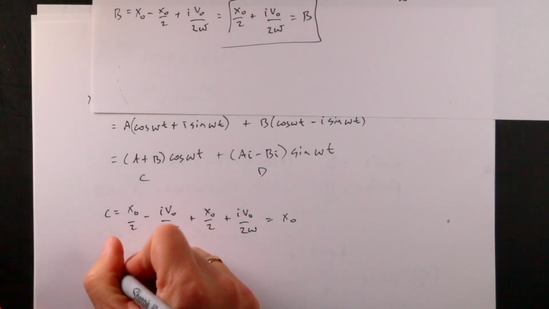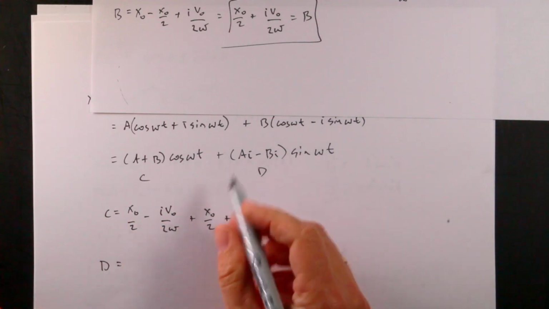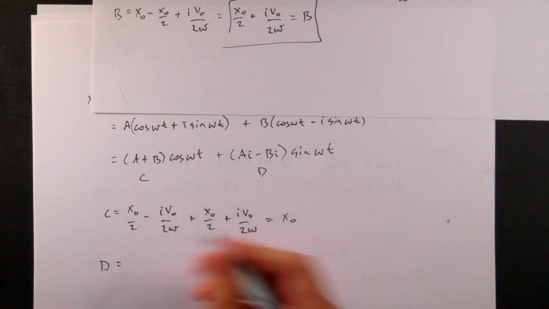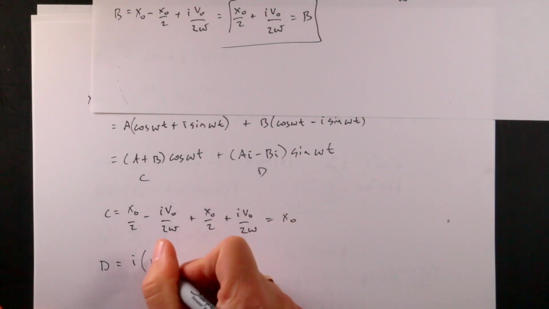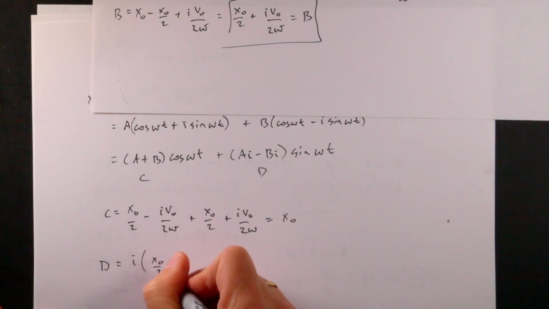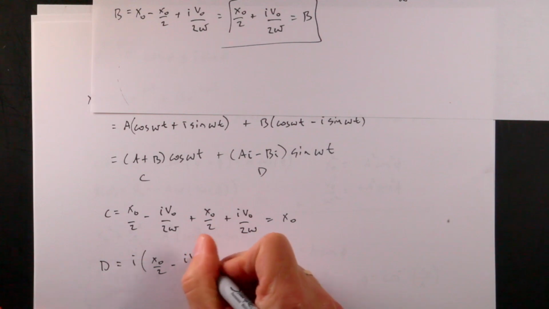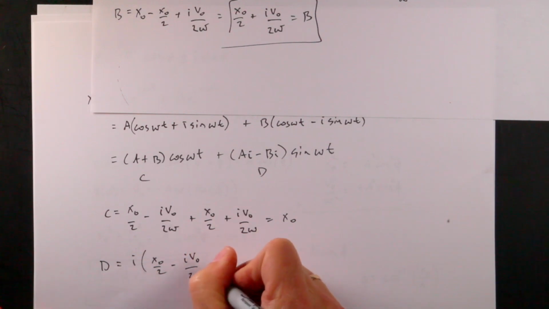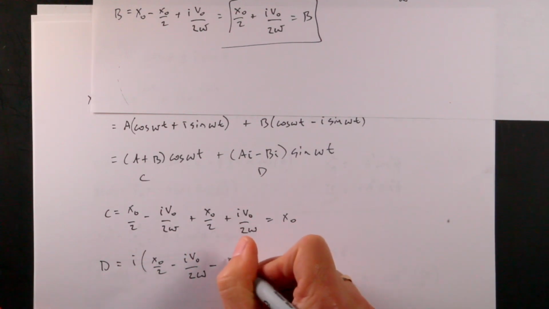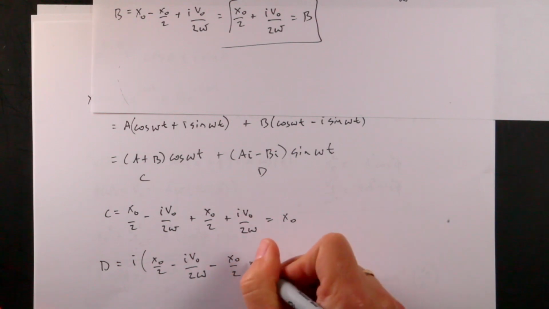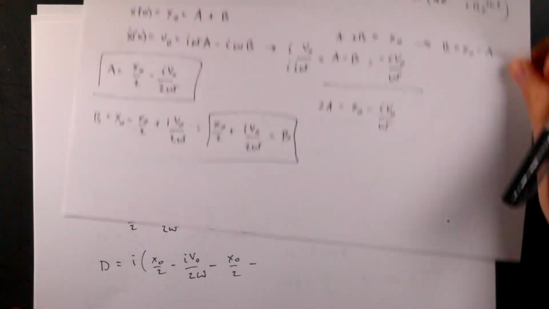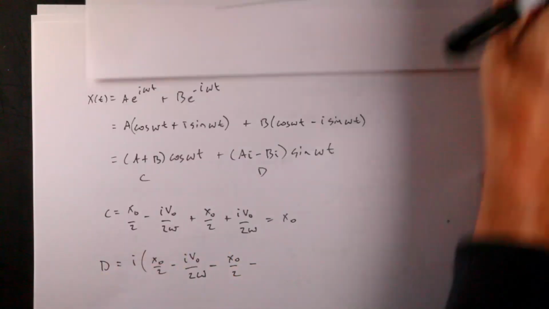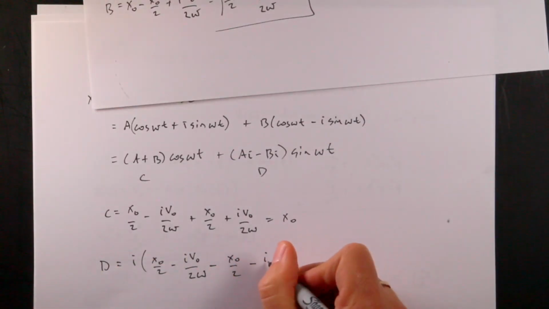Okay. And then d is going to be a times i minus, or let's just say i times a minus b. So now I have a x0 over 2 minus i v0 over 2 omega minus b, which is going to be x0 over 2 minus, there's a plus, right? But I'm subtracting it, so it's minus i v0 over 2 omega.